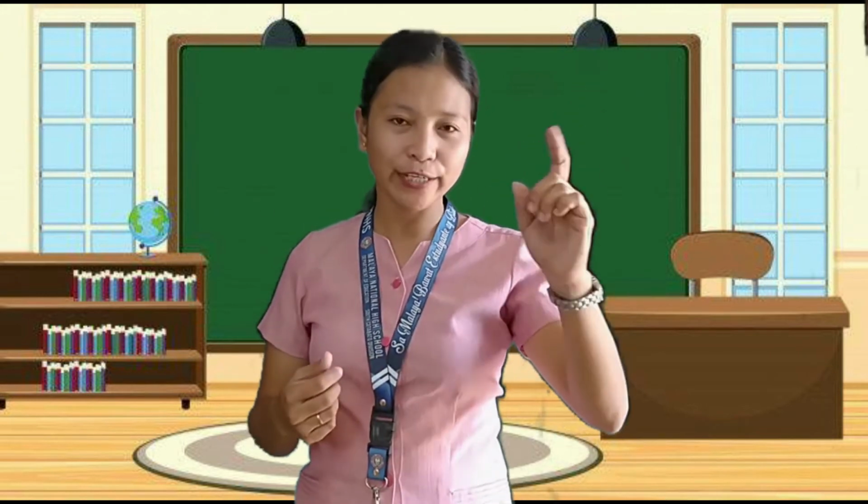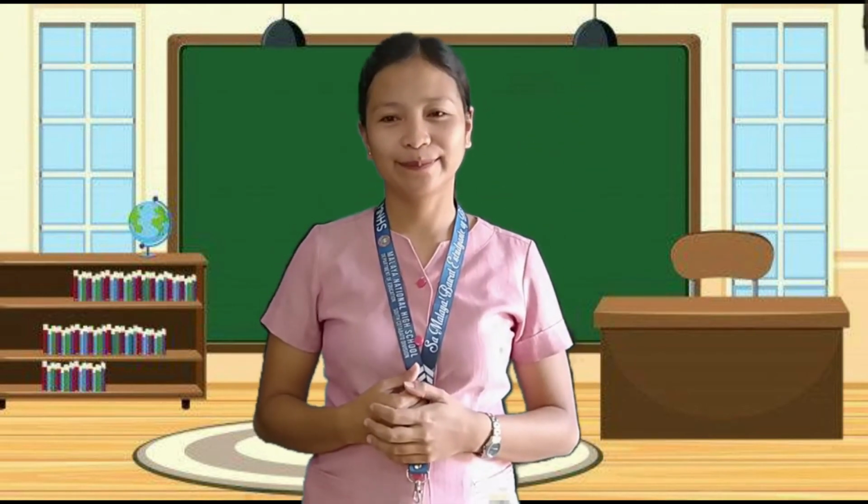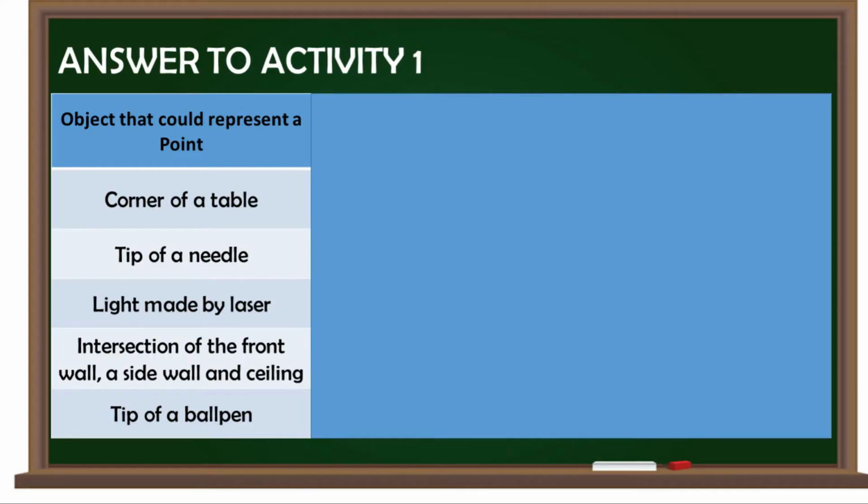Let us discuss further the undefined terms based from the activity we have. Since we already recognize corresponding objects, let us discuss the first column. What does the first column give us? Very good! All objects correspond a point.